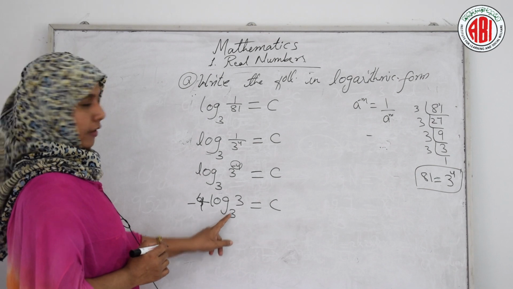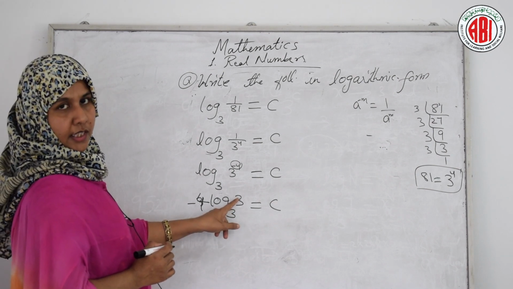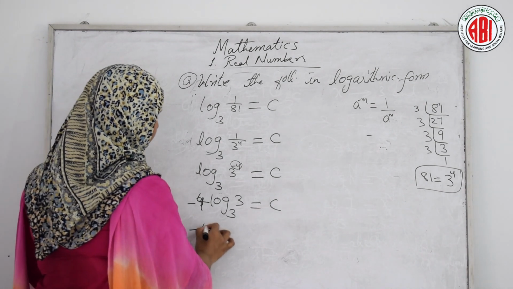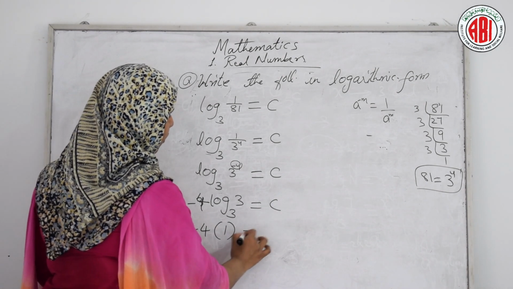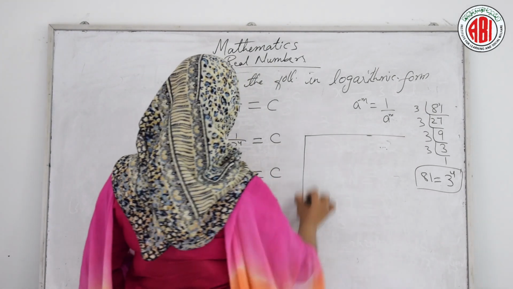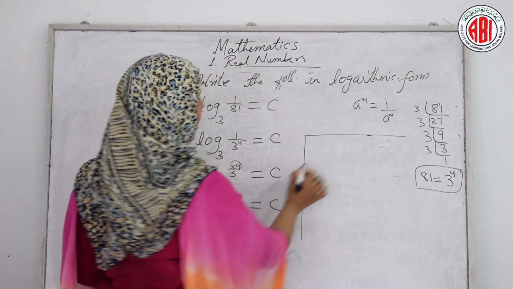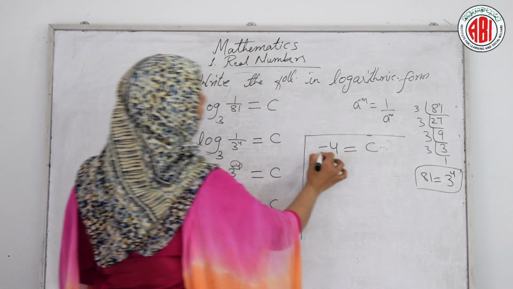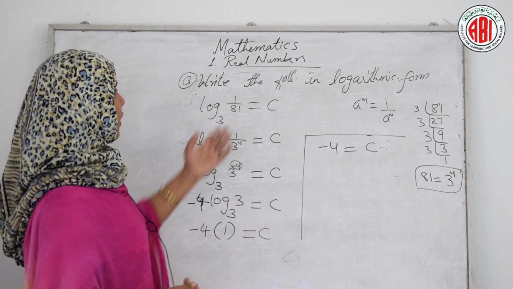If a and n are both the same, you will get 1 as the answer. So minus 4 into 1 is equal to c. 4 ones are 4, so minus 4 is equal to c. The value of c is nothing but minus 4.